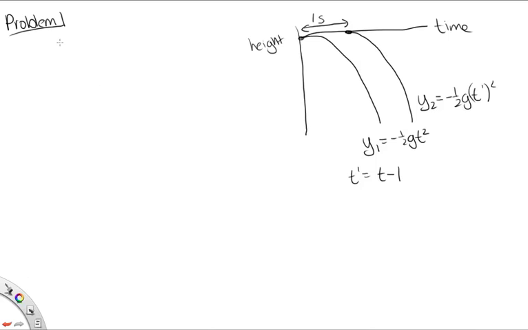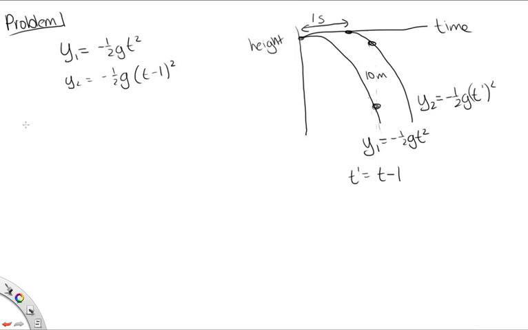So we've got y1 is equal to minus a half gt squared, and y2 is equal to minus a half g(t minus 1) squared. Now the question asks us to find the time, so some time down like this, where the bodies are 10 meters apart. So this is 10 meters.